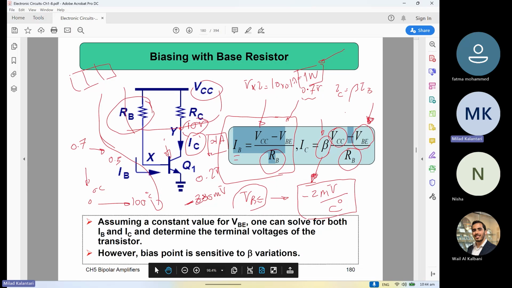This VBE drops, right? The beta will increase, right? And then this IC will be what? The IC increases, right? It's getting higher, right? That's true.